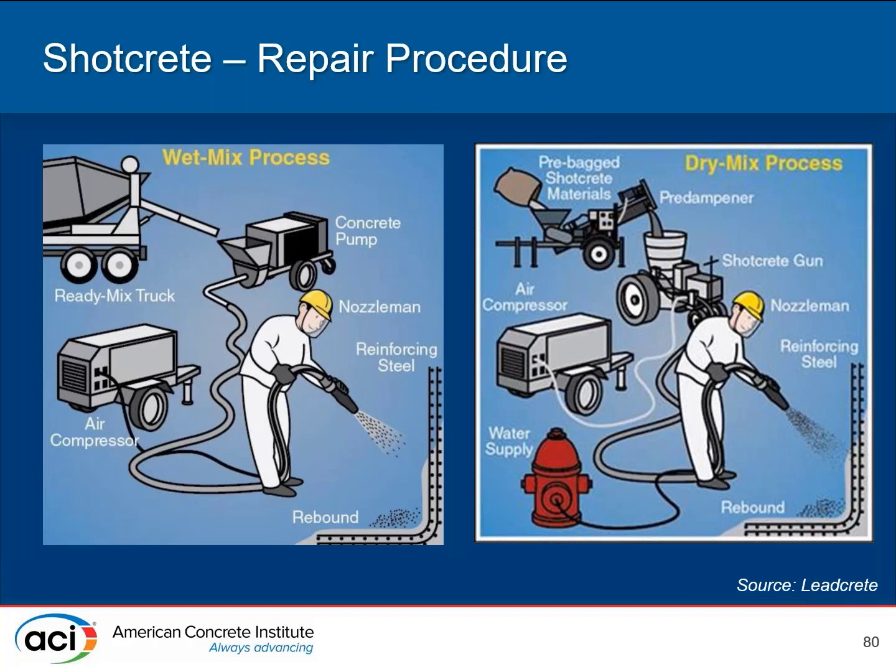In the wet process, you get your concrete already mixed together, the water and the dry materials, from a ready mix truck. It goes through your pump with an air compressor, and then the nozzleman sprays it into position. That's the shot part of the shotcrete process. That is where shot comes from.